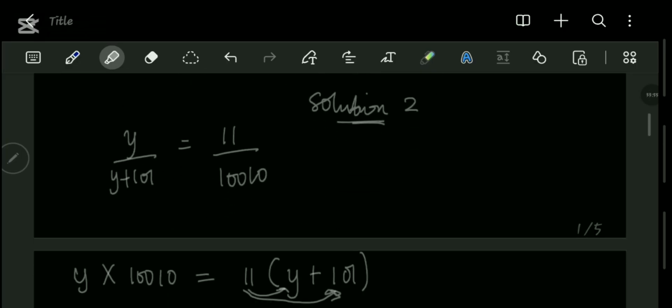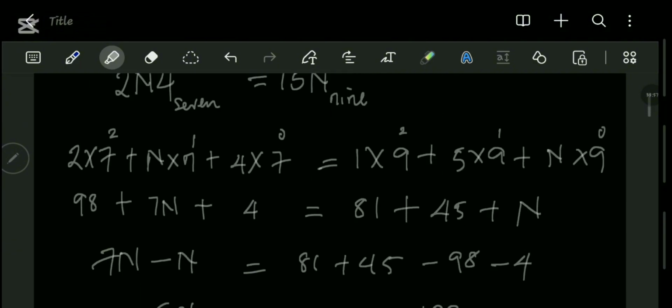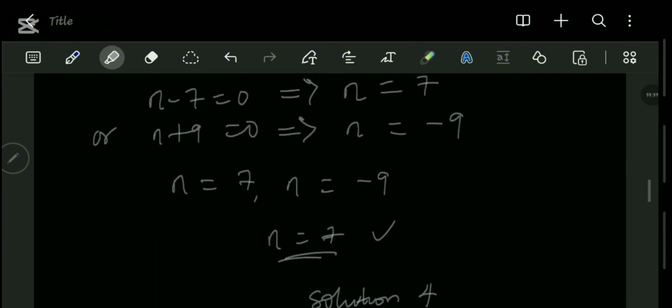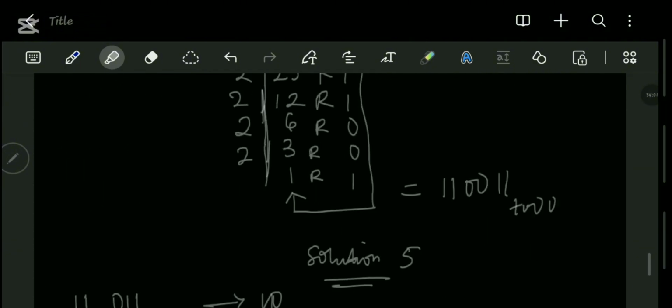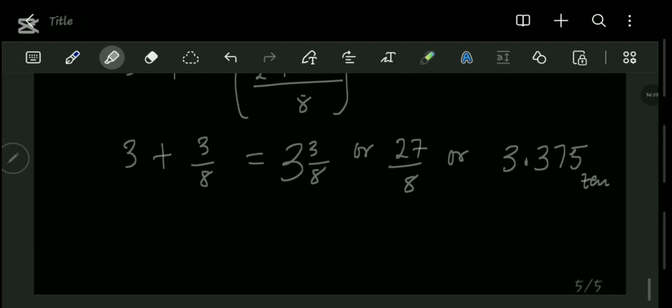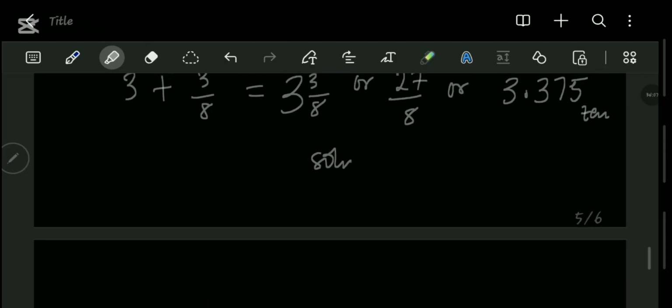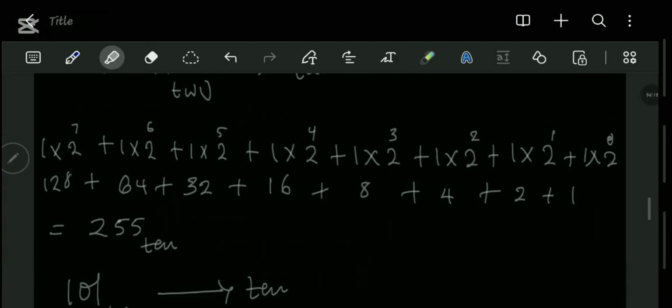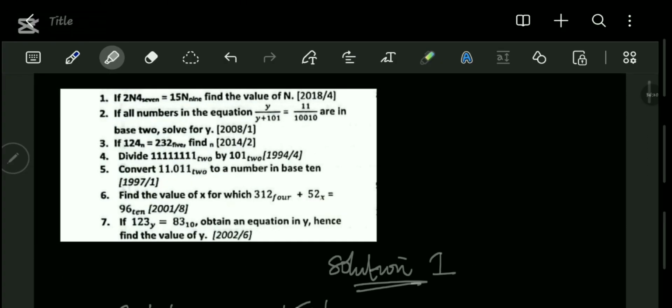So we have 312 in base 4 plus 52 in base x is equal to 96 in base 10.